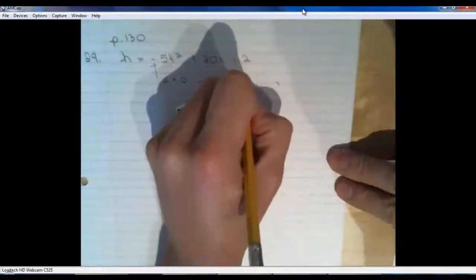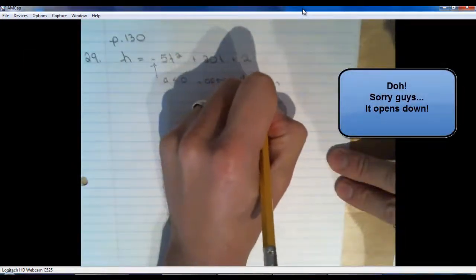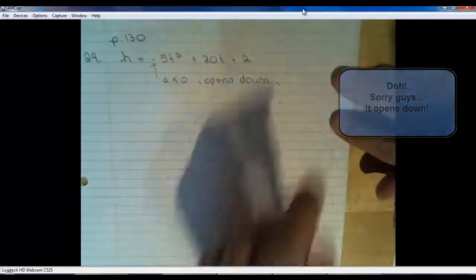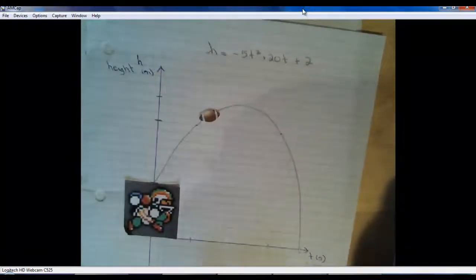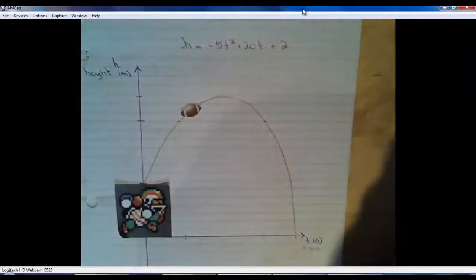No, I'm confusing this. It does open down, and I'm thinking up because it's a max. This is a maximum type graph. It opens down, and at the top there's a maximum. Some maximum right here.